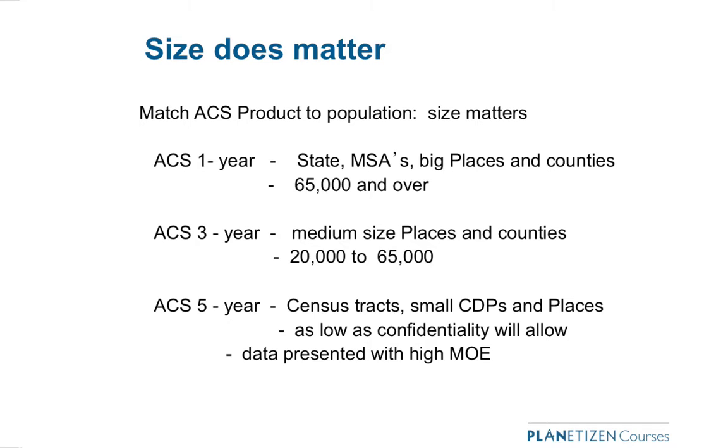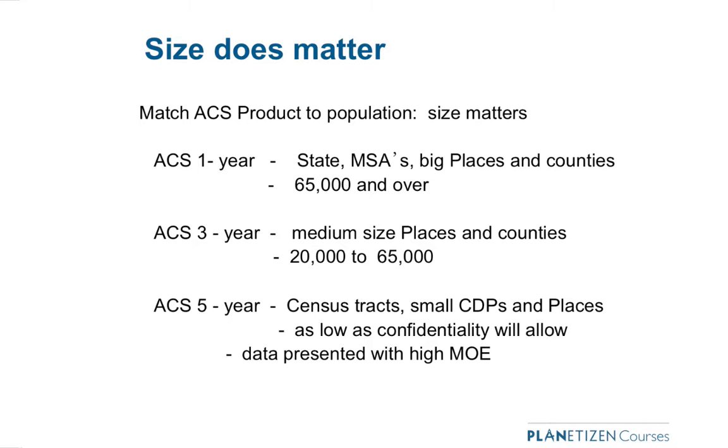That leads to some specific numerical cutoffs for which these data are available. So, with apologies, size does matter. You can match the ACS products to population size. This is done for you, and this determines what products are available from the ACS program.